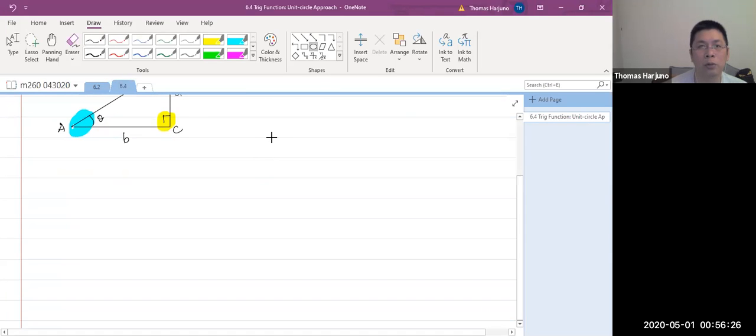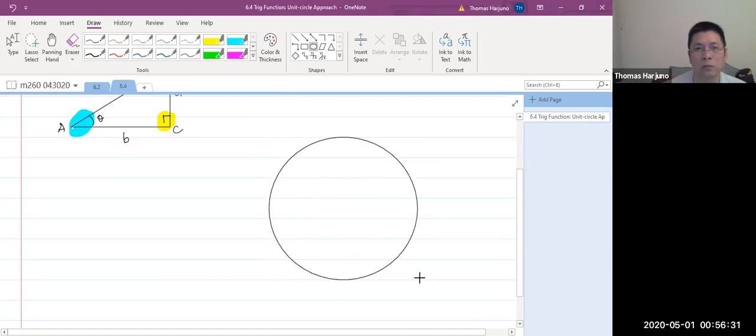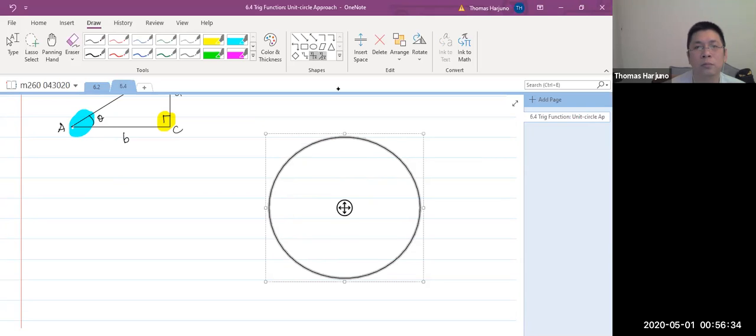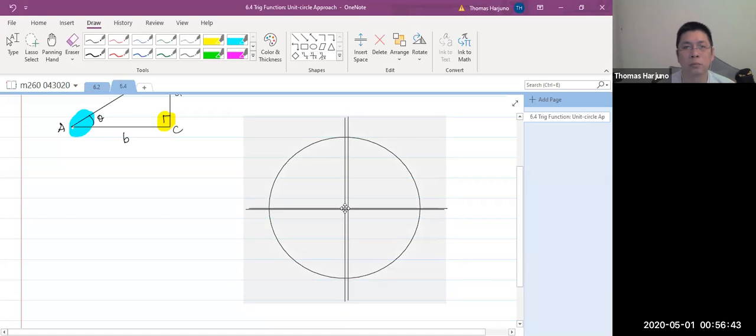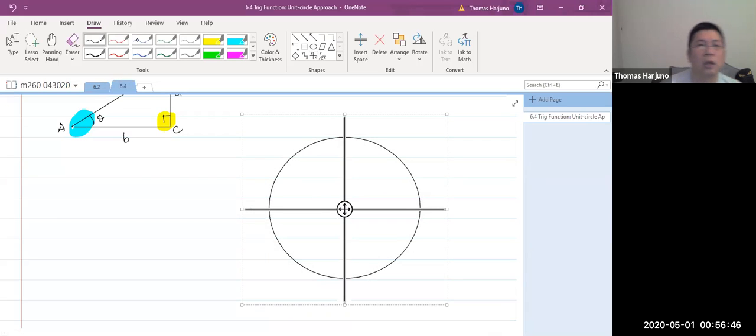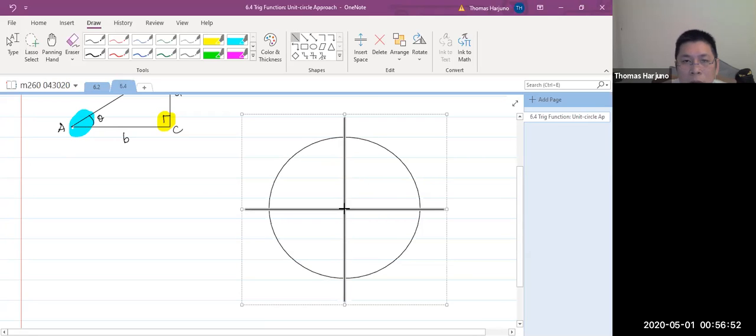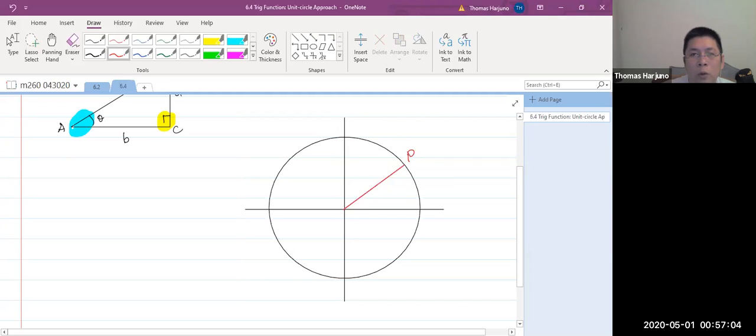If I superimpose this idea of right triangle into a circle, and then I pick a point on the circle. I call this point P, whose coordinate is x, y.